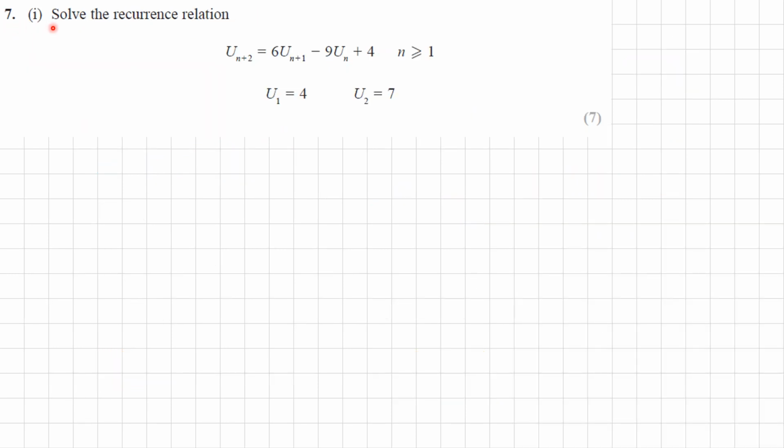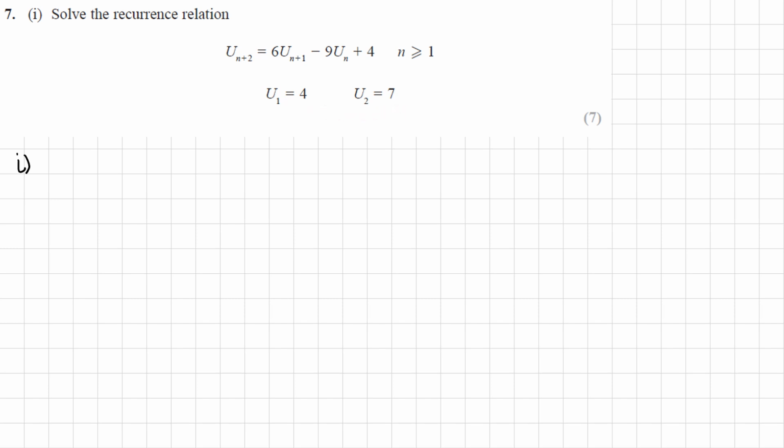Question 7, part 1. Solve the recurrence relation u n plus 2 is equal to u n plus 1 minus 9u n plus 4, where n is greater than or equal to 1, and where u1 is equal to 4 and u2 is equal to 7.